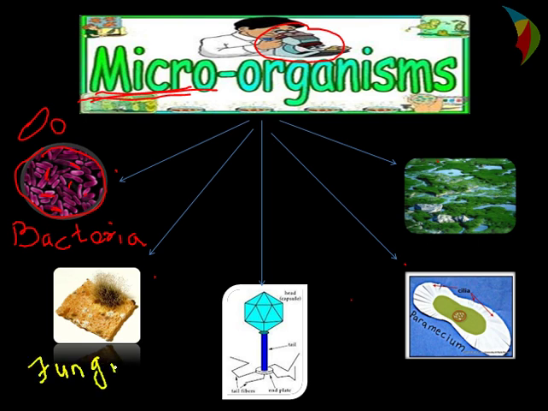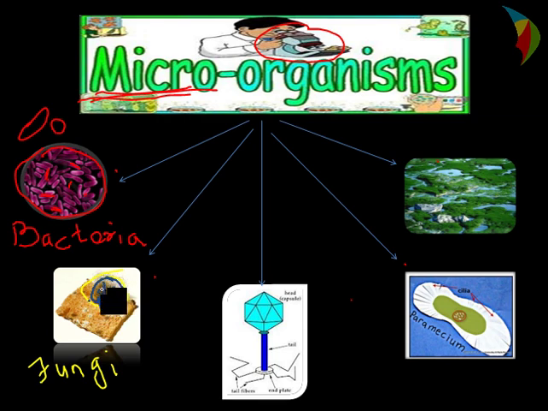The second type is fungi. As you can see in the picture, there are spores present, which gives a fungus-like structure. This fungus you can see with the naked eye; you don't need a microscope for this.